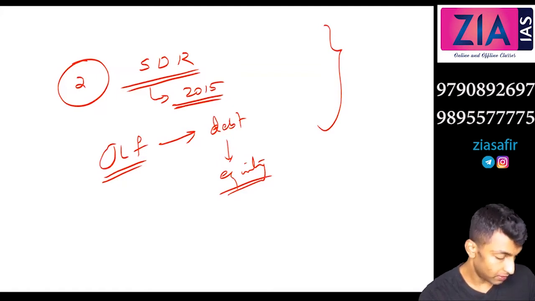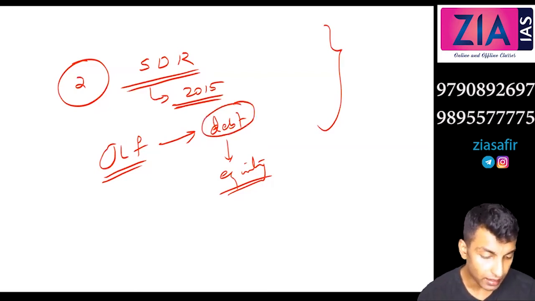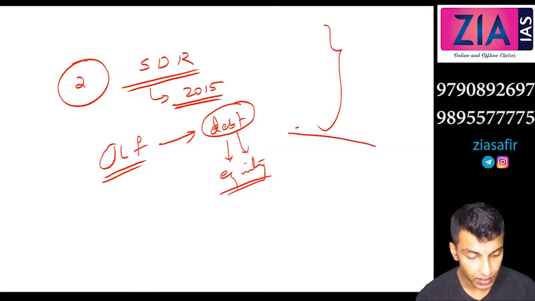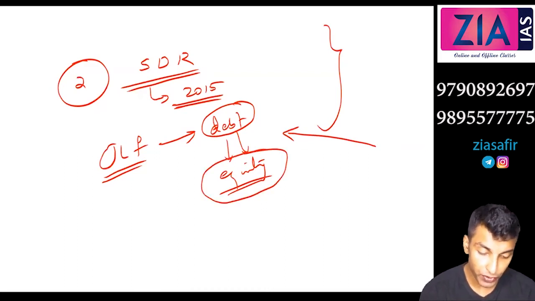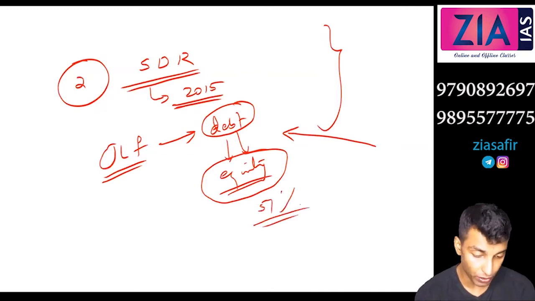So I hope you have understood this. So debt is there, and this debt can be converted to equity. That means the lender will have a share in the company, and then if it is beyond 51 percentage, you can take over the management of the company also.